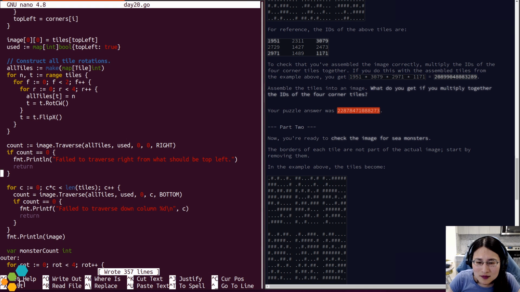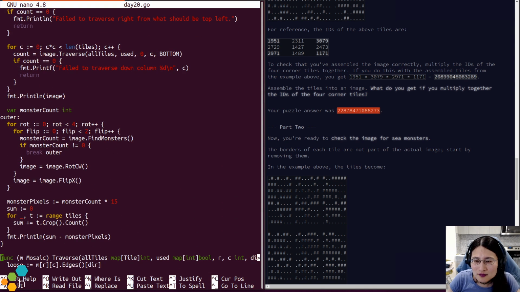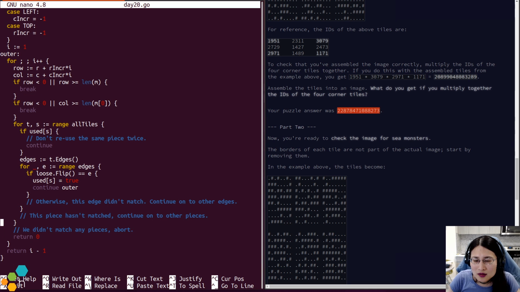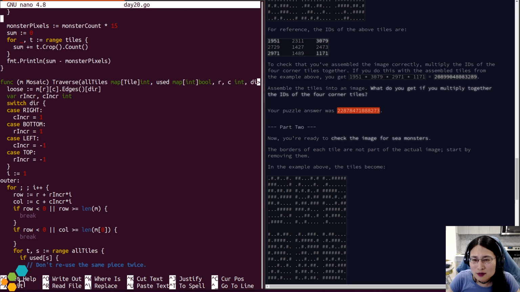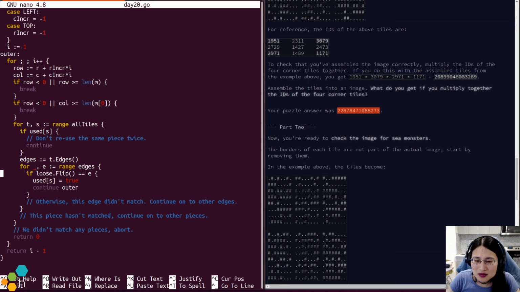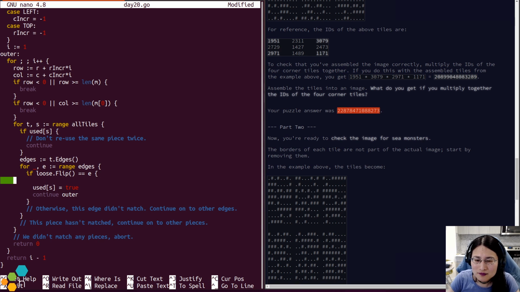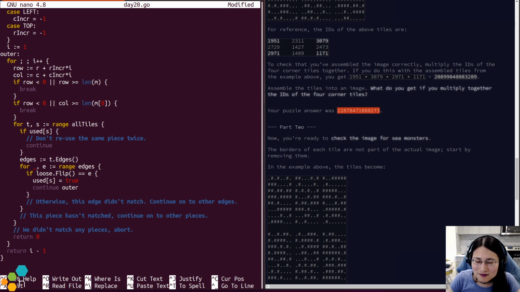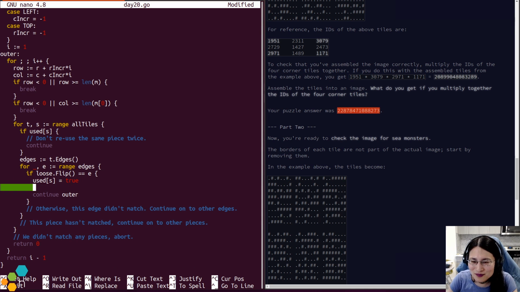So let us print as we place things. Oh, and also we need to populate as well. Oh, I see what happened. Okay. That was silly. We need to set what the next edge is.